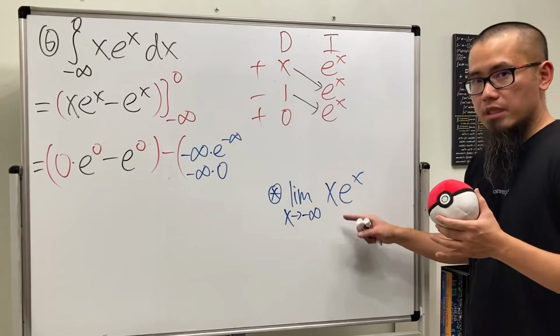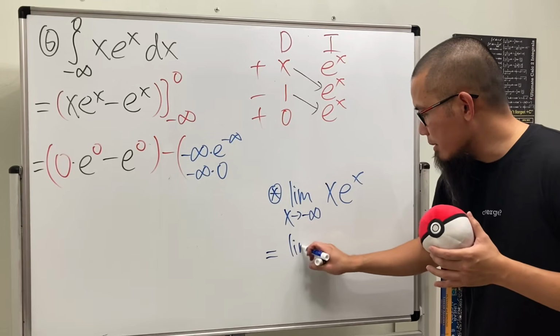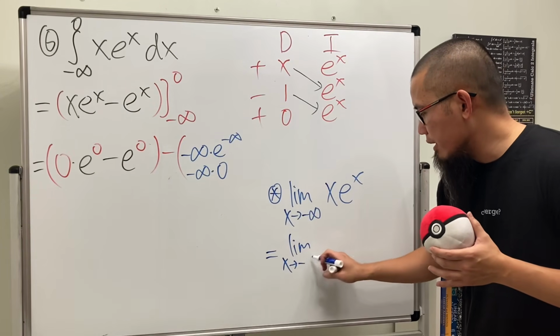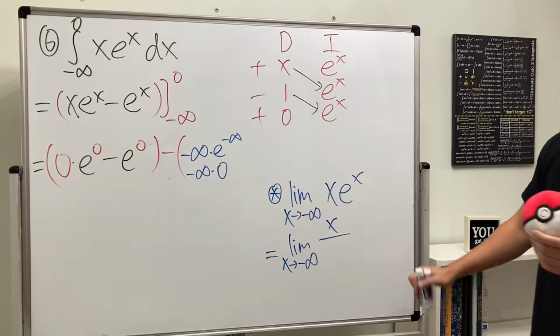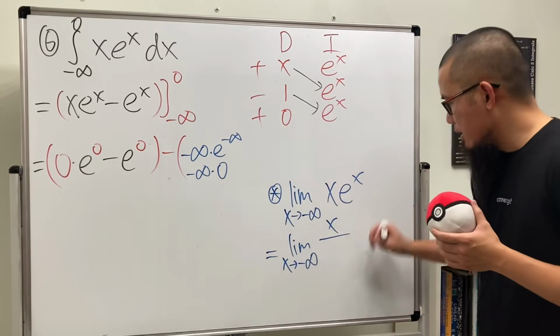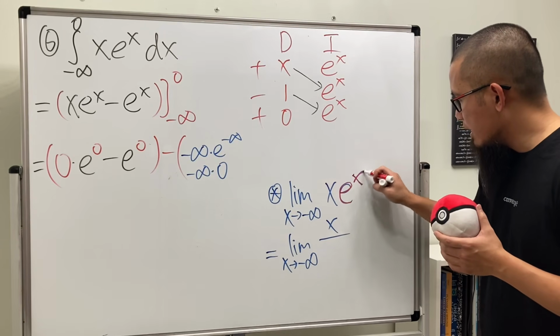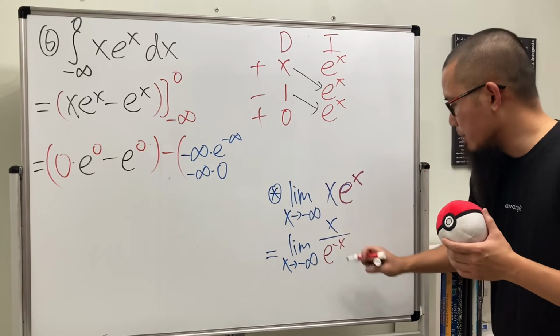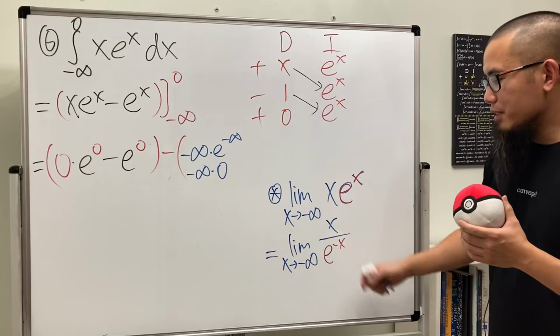So you see, this is the same as the limit as x approaching negative infinity of x on the top over, I'm going to look at e to the x power as e to the negative x power on the bottom.